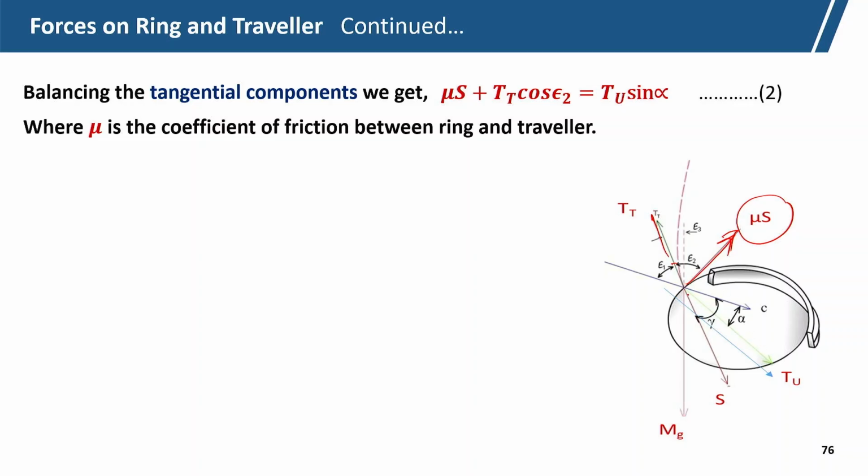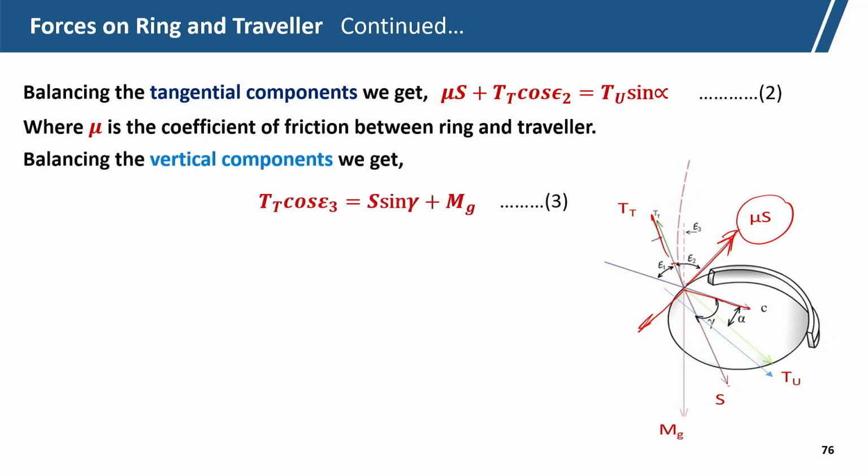So, Tu cos alpha is in the radial direction, sin alpha will be in the tangential direction, where mu is the coefficient of friction, and mu S will act.